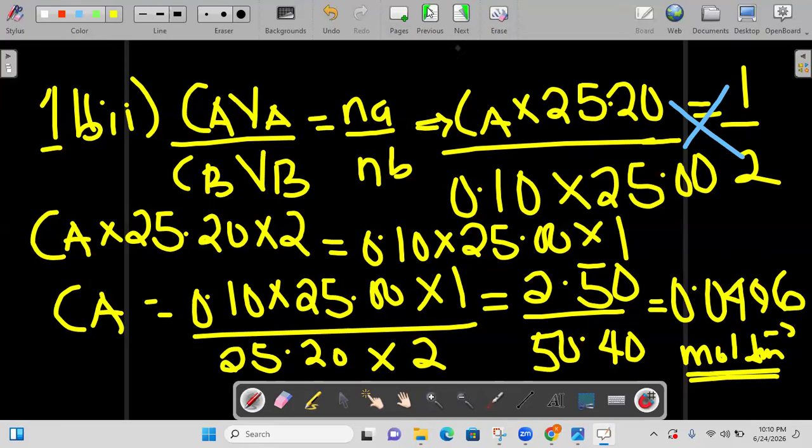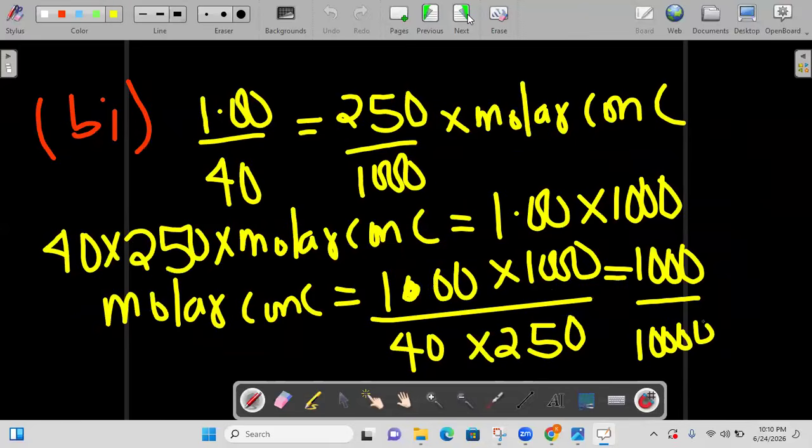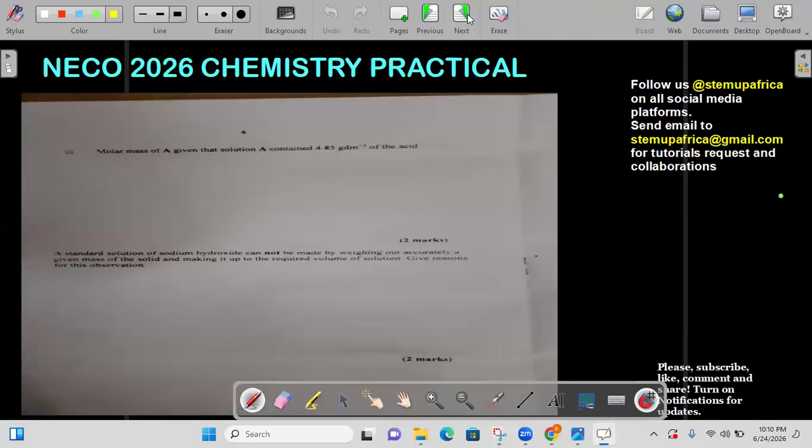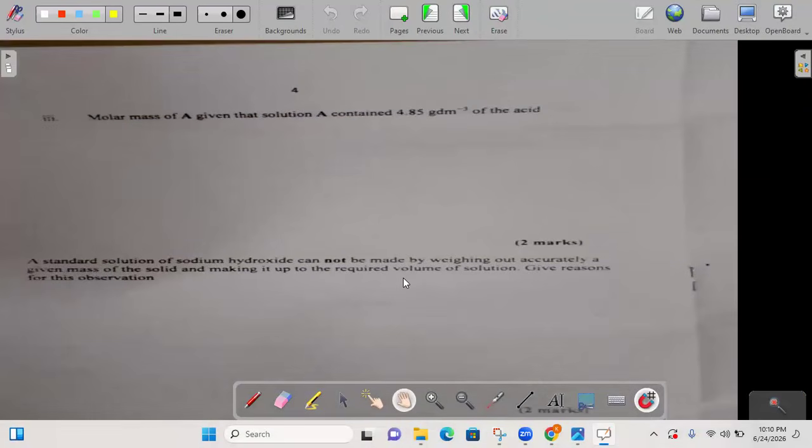So let's go to the next question, 1B Roman figure 3. It said calculate the molar mass of A given that solution A contains 4.8 grams per dm cube of the acid. There's a relationship between mass concentration, molar concentration, and molar mass.